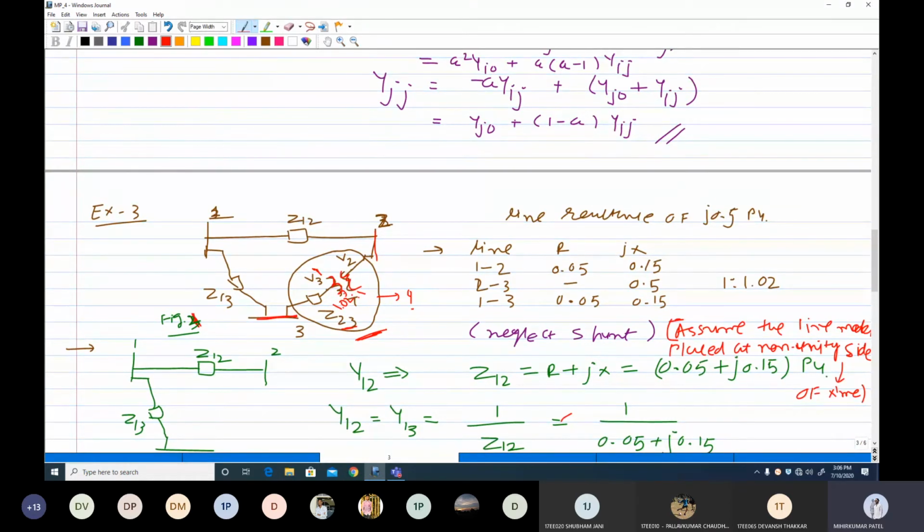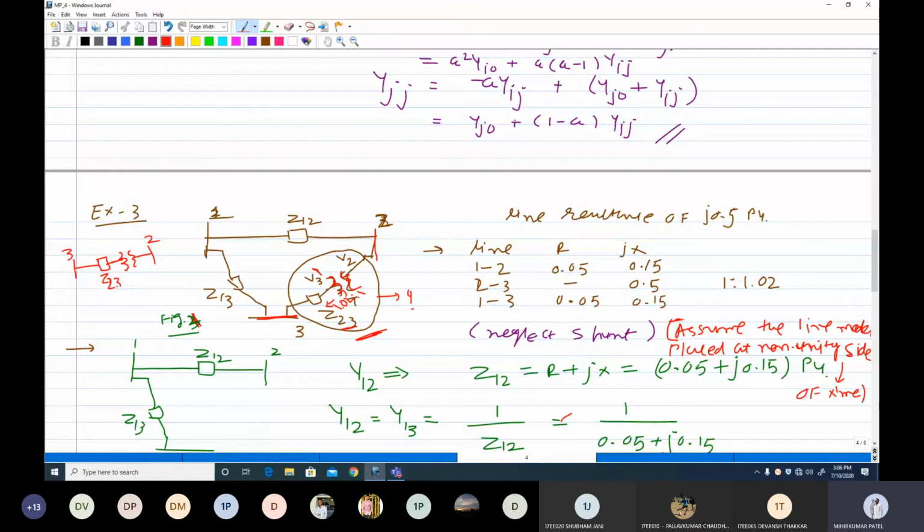So this is your transformer and it is the left side of your transformer. You can draw the figure over here also. Here Z12, Z23, your transformer and bus number 2, 3. So this is your case. Now just compare which type you are going to apply for solving this example.